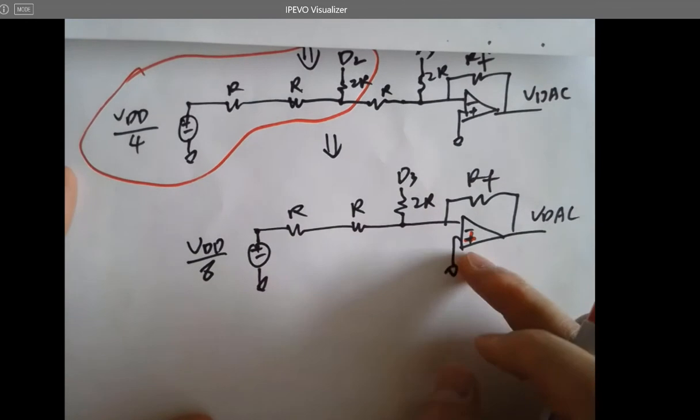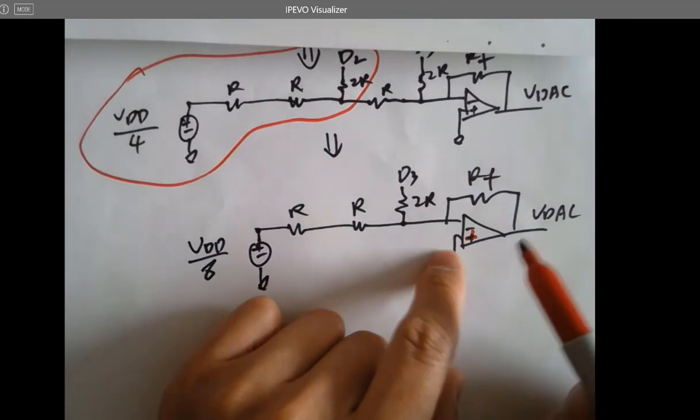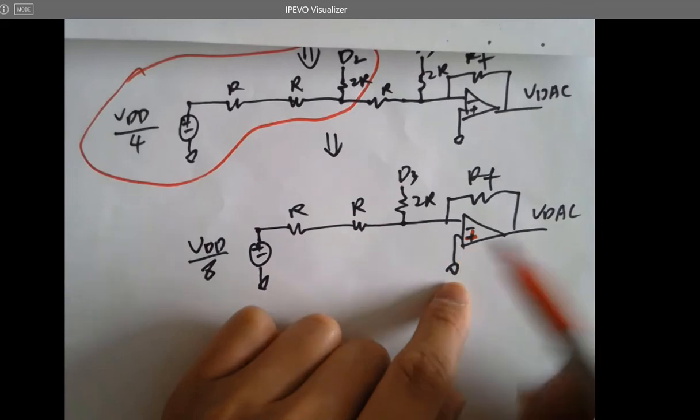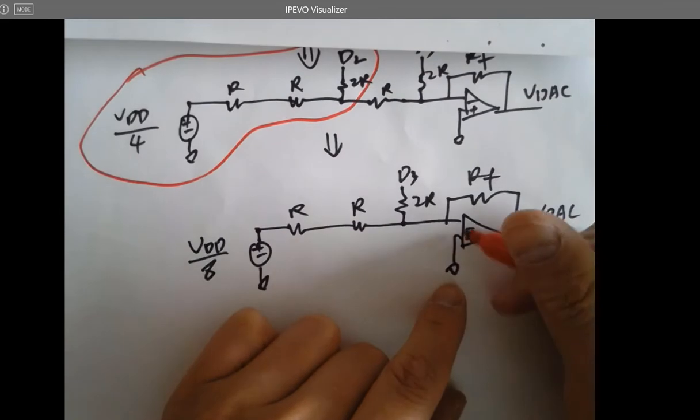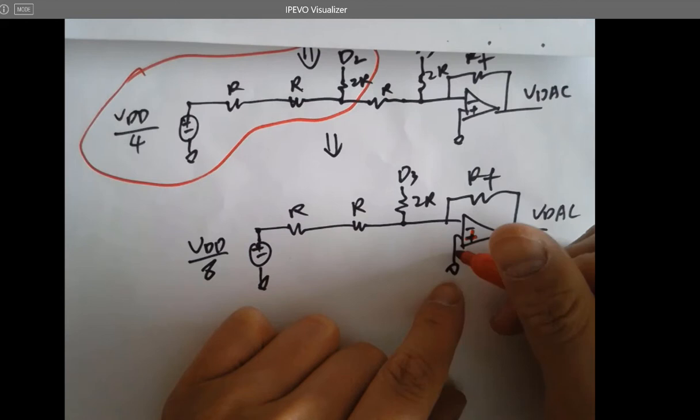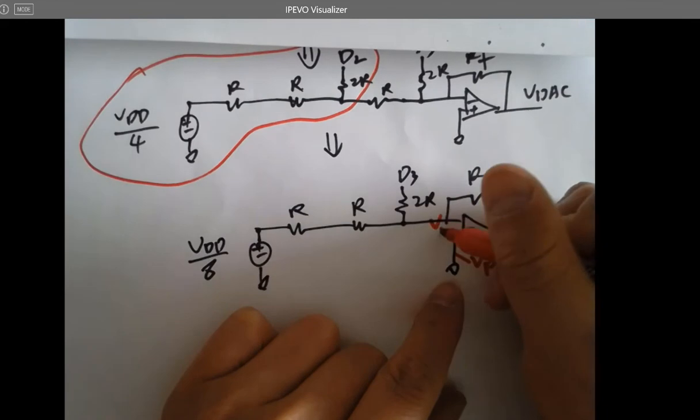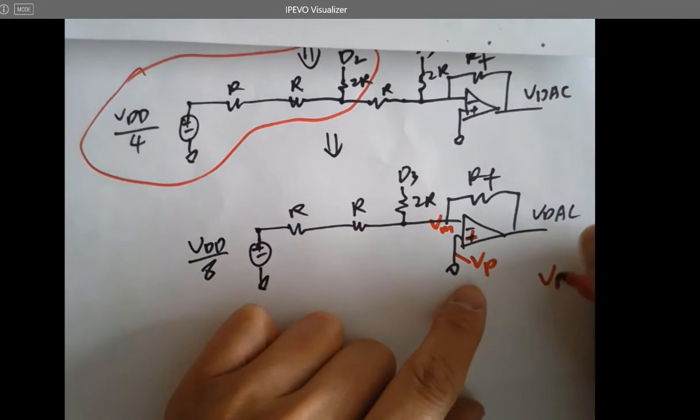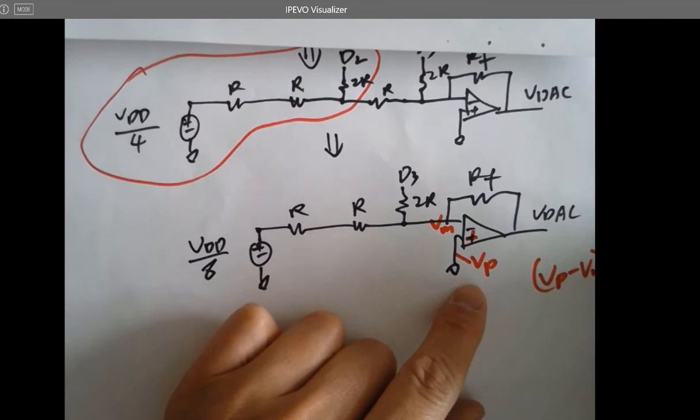Operational amplifiers amplify signals because this is plus, this is minus, 2 terminals as inputs and 1 as output. So this is called VP, this is VM. It amplifies VP minus VM times the gain, right, equals VL.